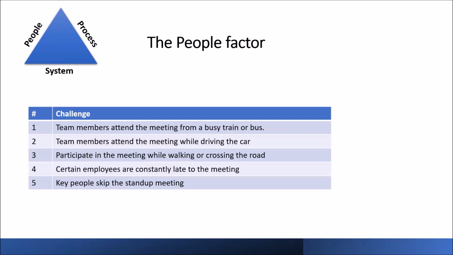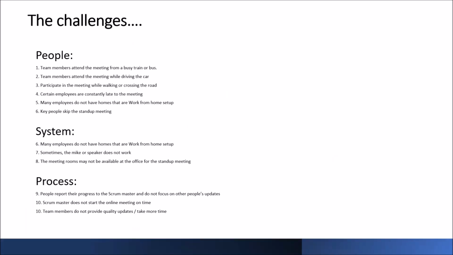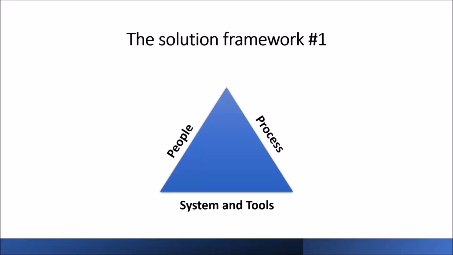So friends, how can we resolve these challenges? All these challenges, the 11 challenges that we have discussed, can be resolved through the framework of people, process, and system. And especially in hybrid mode, if you want the system to function properly, then it is important that people, process, system, and tools function in congruence. It's very important.